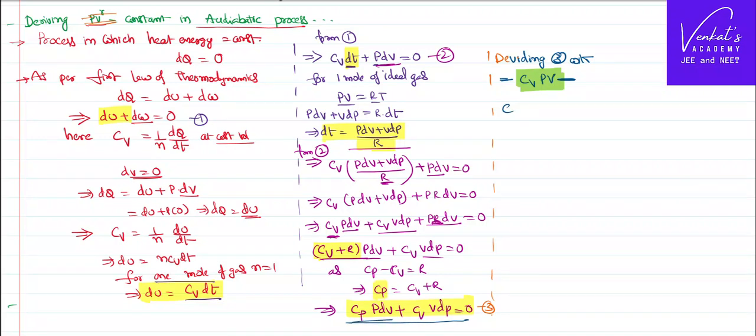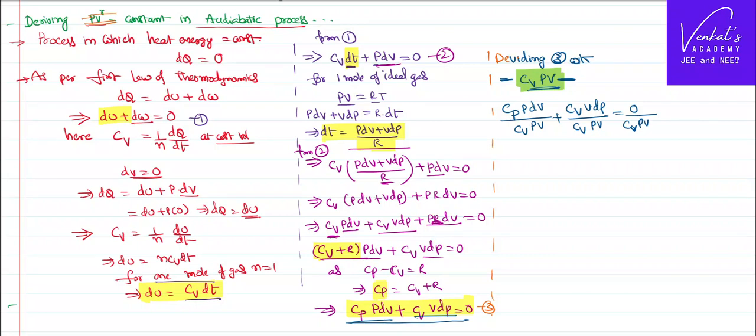So the first term is Cp PdV, divided by Cv PV. Further, the second term is Cv Vdp, divided by Cv PV. On the other side also, 0 by Cv PV.